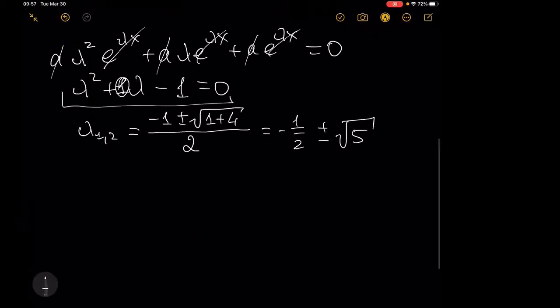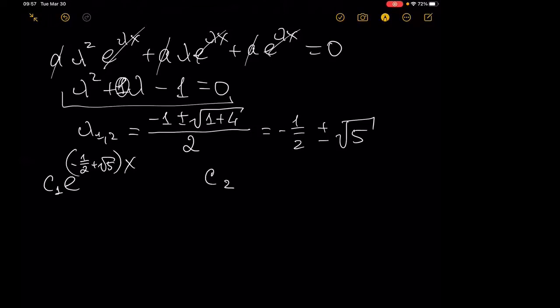So I know that C1 e to the power of negative 1/2 plus square root of 5, multiplied by x, is a solution.